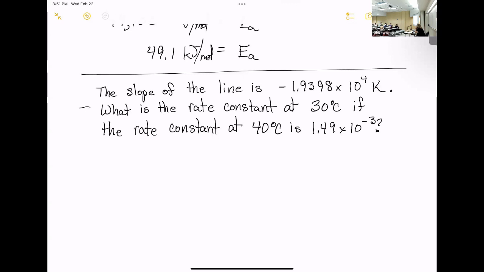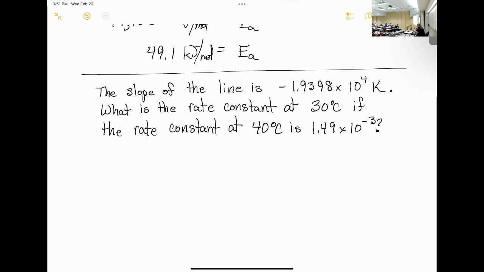Question. So today was graph, and the slope of the line is negative 1.9398 times 10 to the 4 Kelvin. What is the rate constant at 30 degrees Celsius, if the rate constant at 20 degrees Celsius is 1.49 times 10 to the minus 3?